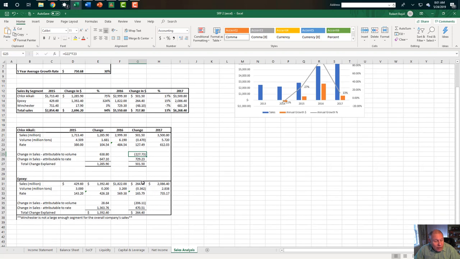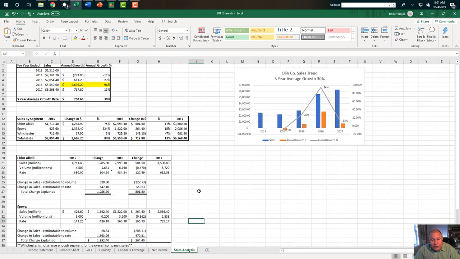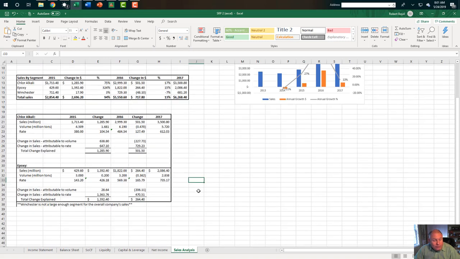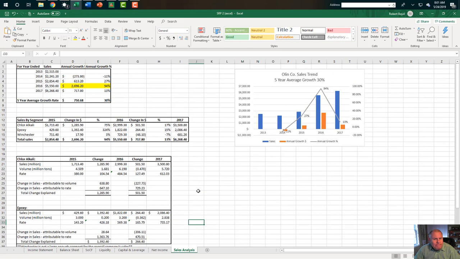Okay, and here we can see the same thing, but we also saw a massive increase in cost, in increase in rate. Okay, so this is just another example of what it could look like. So if you got any questions, just let me know.